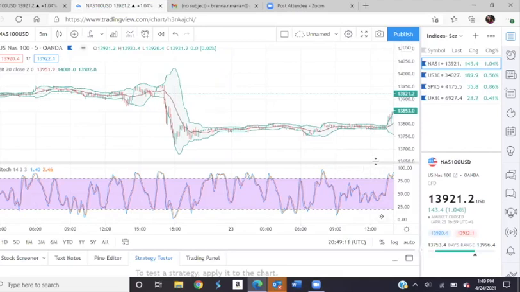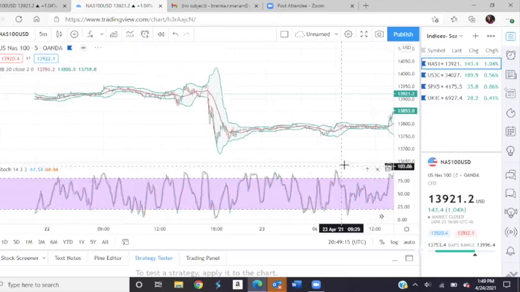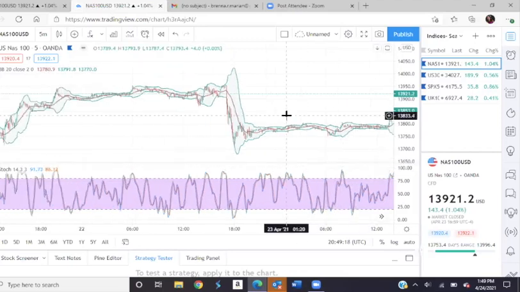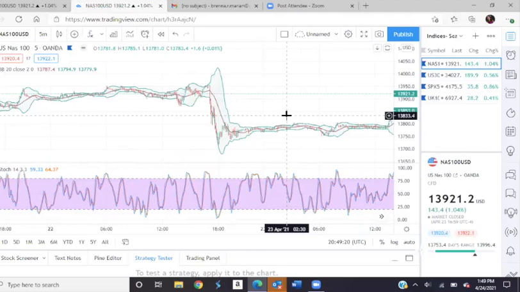That is equal to 200 to 400 pips. Sometimes we do 10 pips, sometimes even 5 pips, but that's still 10 points and 5 points, which is 50 and 100 pips, still a killer trade.